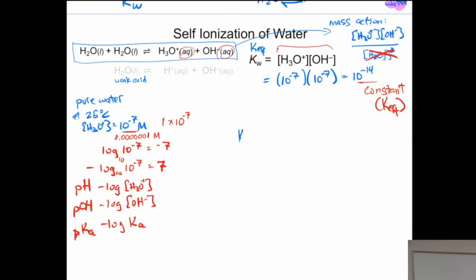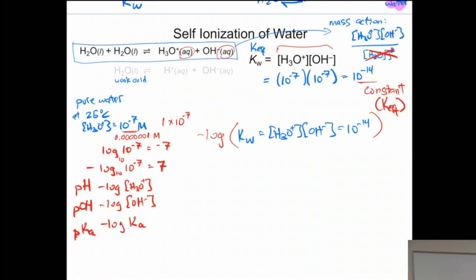Let's take the K sub W, that's equal to the hydronium ion concentration times the hydroxide ion concentration, and that's equal to 10 to the minus 14th. Now if I take the negative log of the whole thing, since we know if we take the negative log of each individual one, we get the pH and the pOH and the pKa, what are we going to get from that?